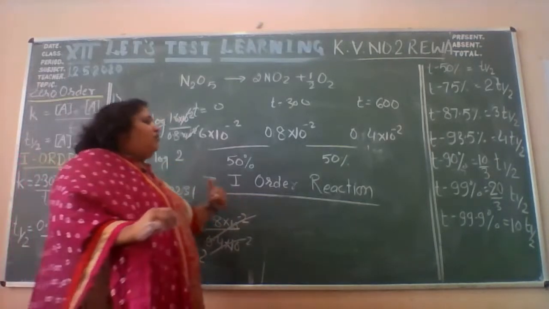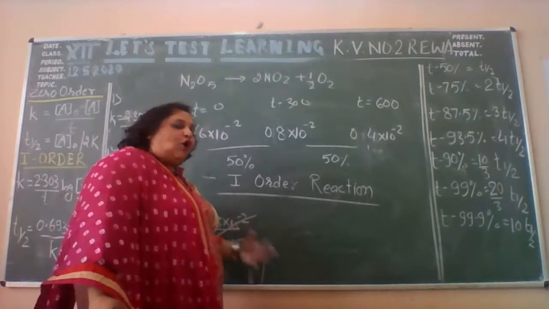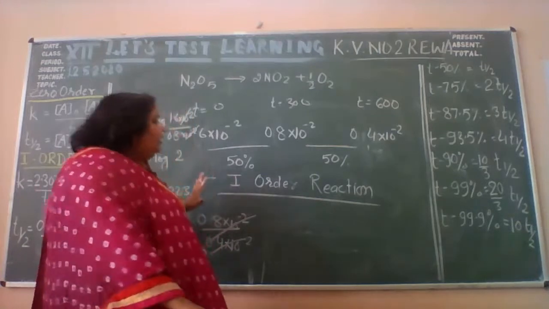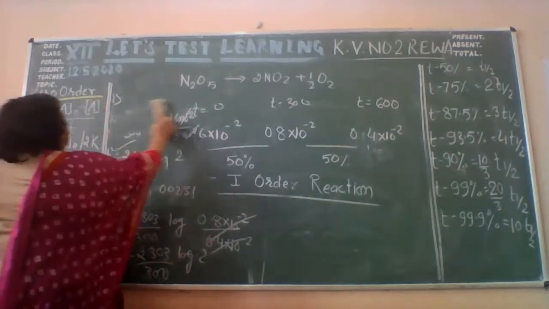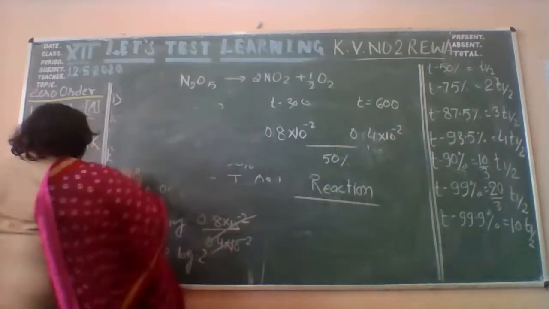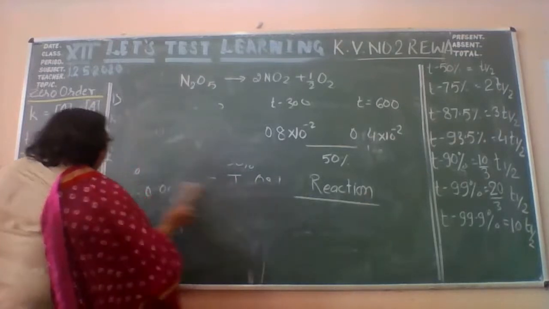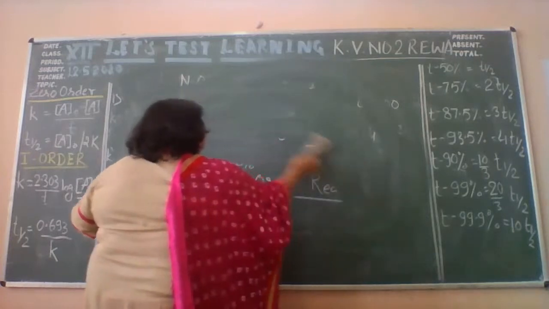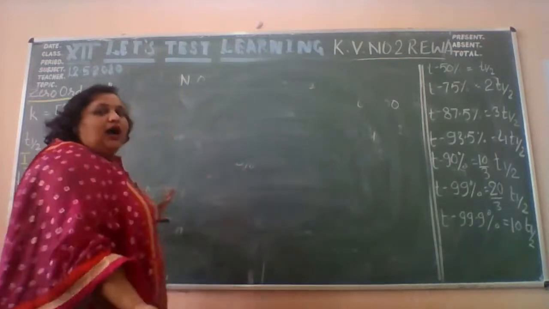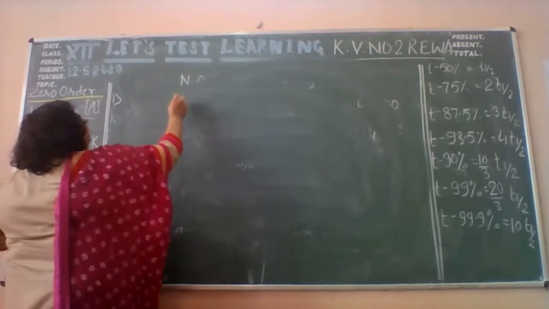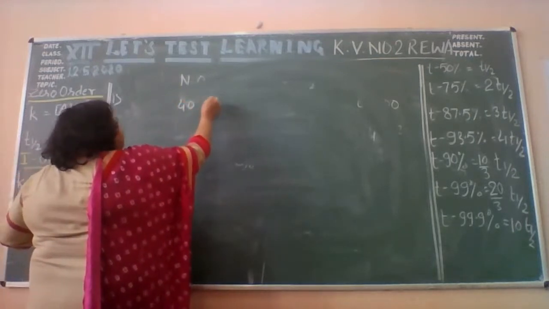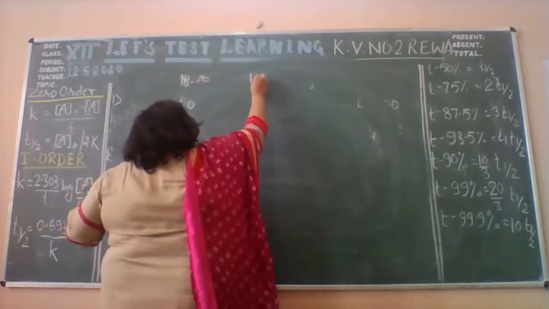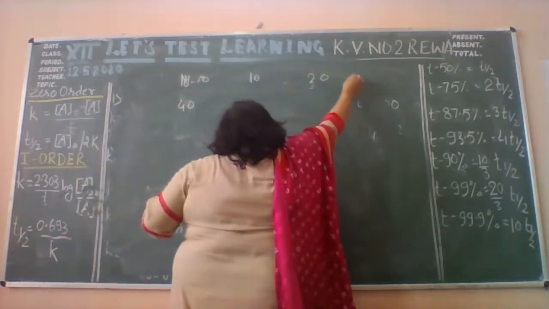And I hope you have learned all the concepts here. For the zero order reaction, I just want to tell you, I know the time is going past, but you can compare with the zero order here very easily. Otherwise, you can't compare. 40 is the concentration at time 0, then at 10 minutes, 20, 30.